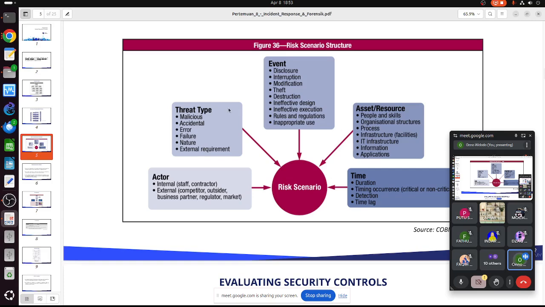But the other aspect is non-technical, normally seen by people in forensics, and that is more of a management type of activity. Because I'm from the technical side, I normally teach about the type of threat: miscellaneous, accidental, error, failure, nature, and that kind of thing.